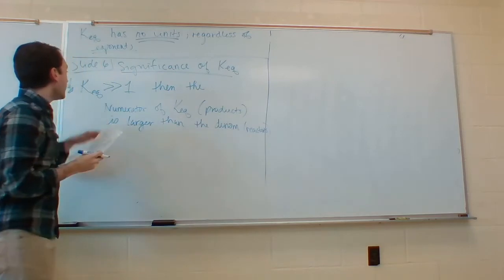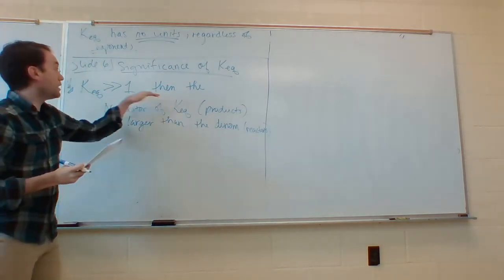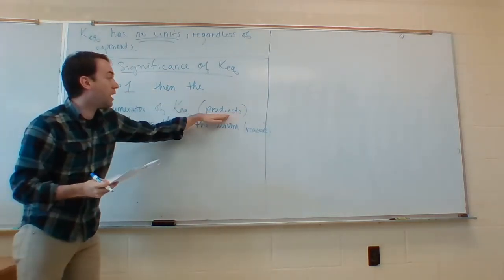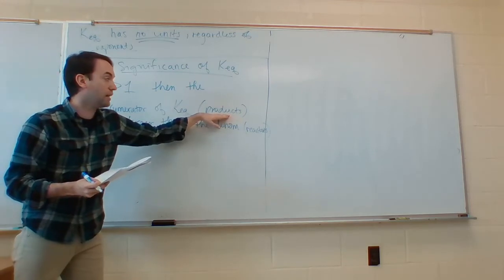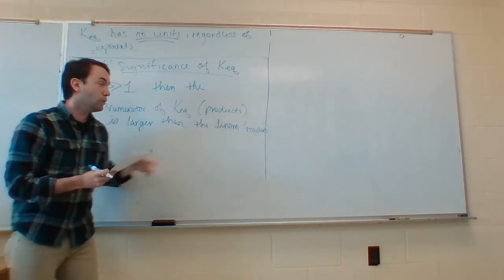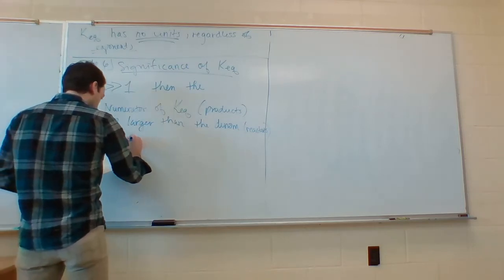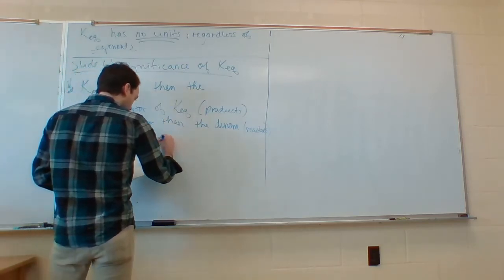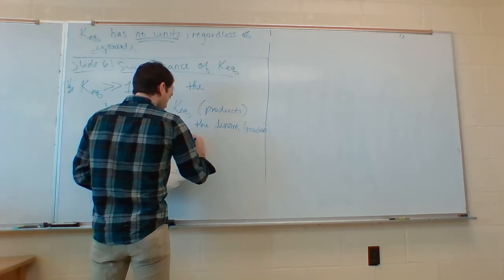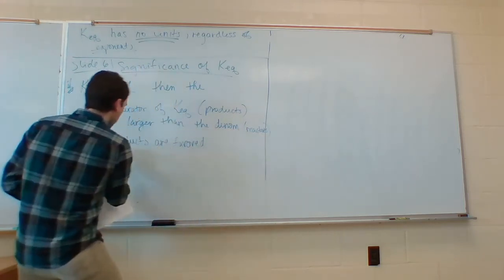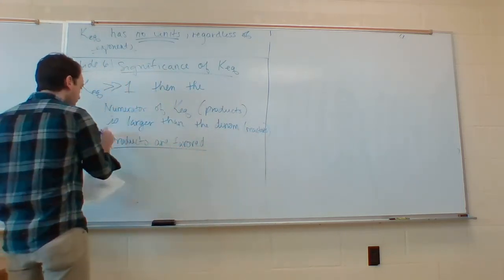So if KEQ is bigger than 1, we have more products at equilibrium than reactants, which means that products are favored. Very important. Products are favored.